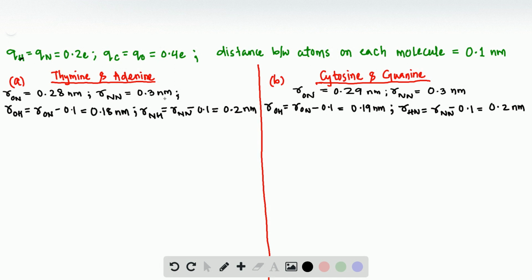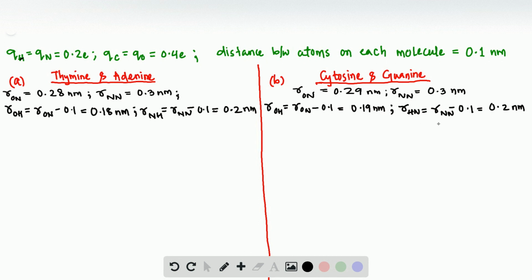Distance between N and N is 0.3. We are given in this question that the distance between any two atoms on each molecule is 0.1 nanometer. So we can find ROH to be RON minus 0.1, and we get 0.18 nanometer, and similarly RNH will be RNN minus 0.1, and we get it to be 0.2 nanometer.